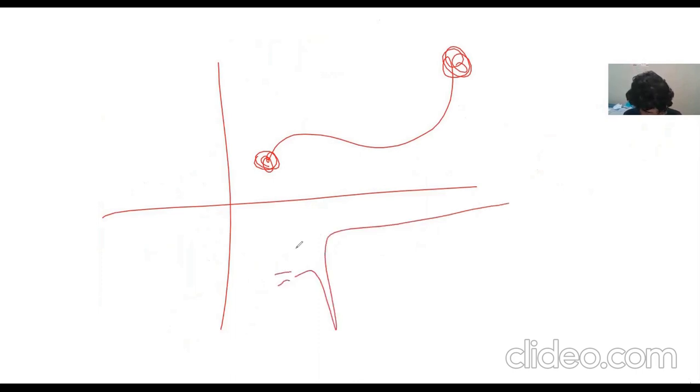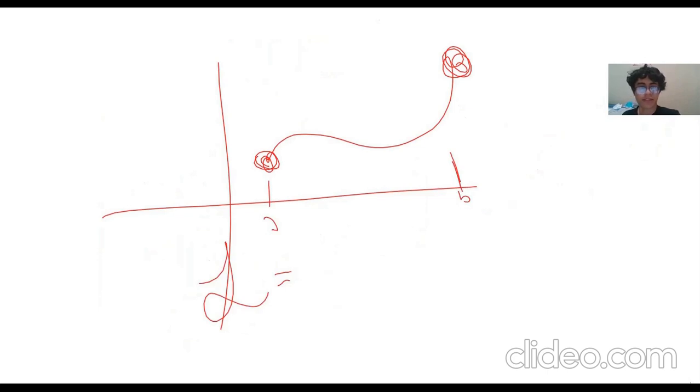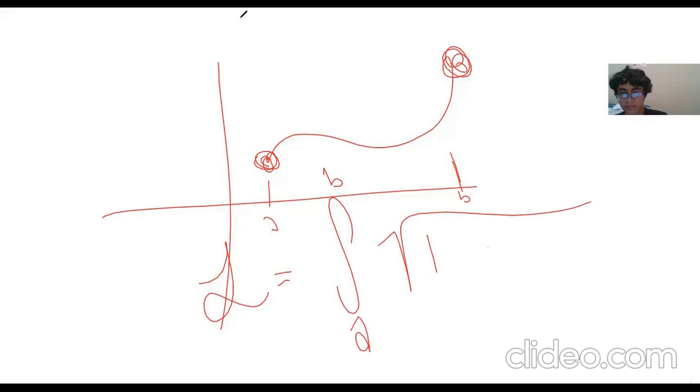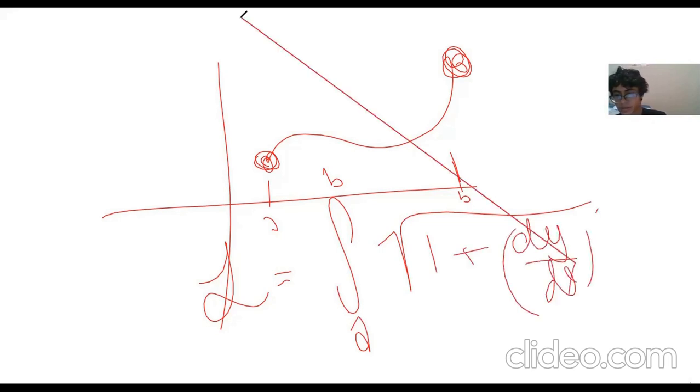The length of this curve from A to B is the same thing as the integral from x equals A to x equals B of the square root of 1 plus dy over dx squared dx.